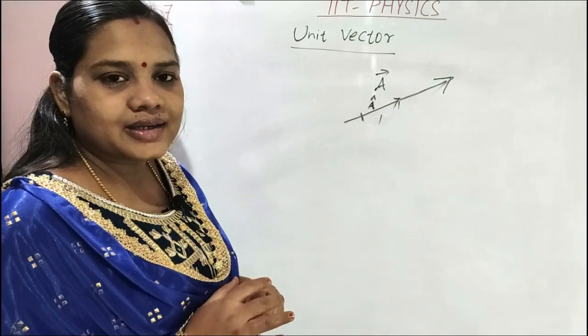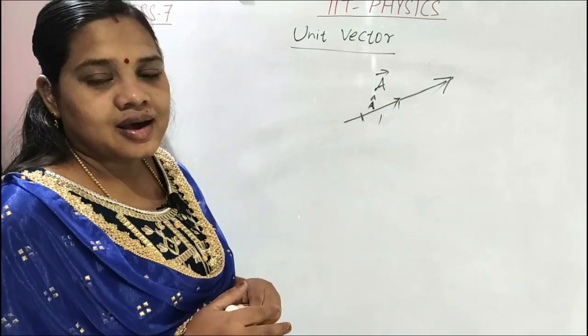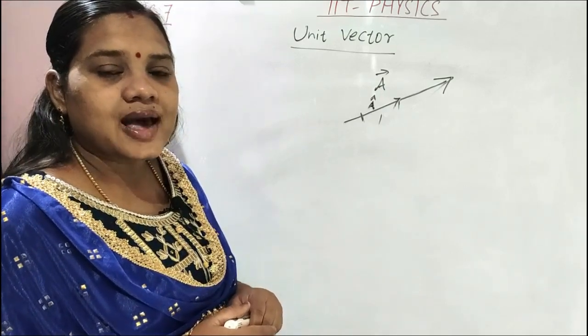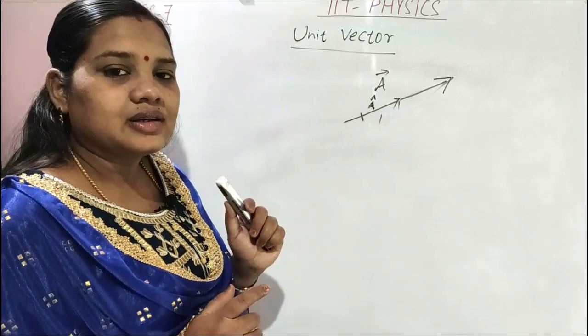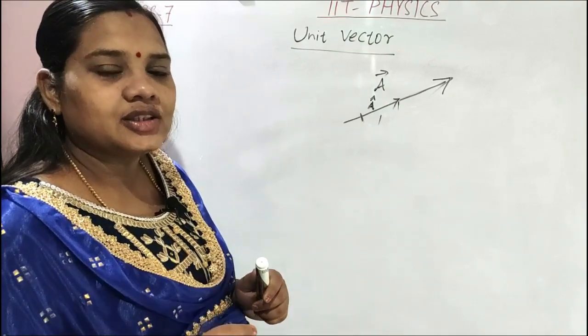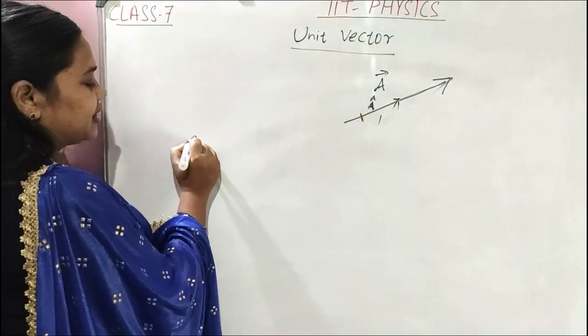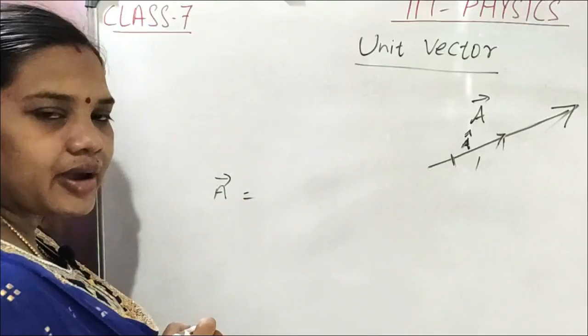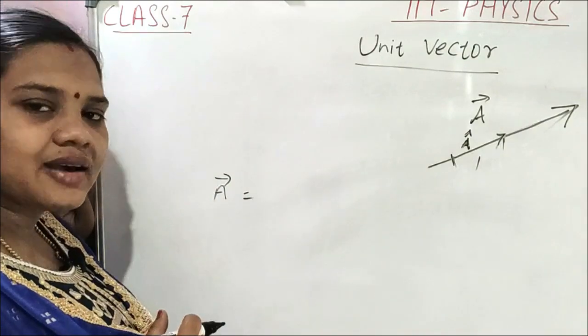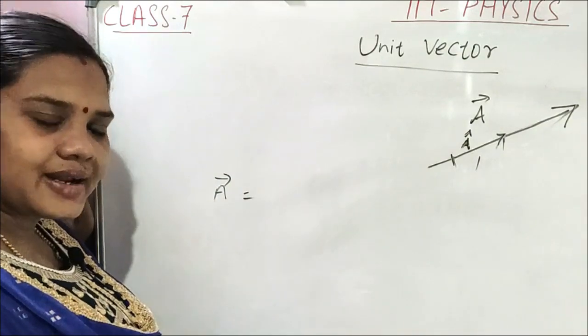A unit vector is dimensionless and its magnitude is exactly 1. It is known for giving the direction. Suppose there is a vector A, any vector having magnitude and direction.